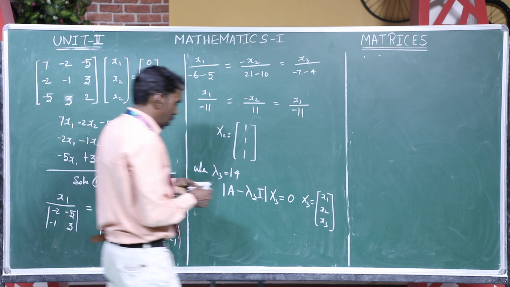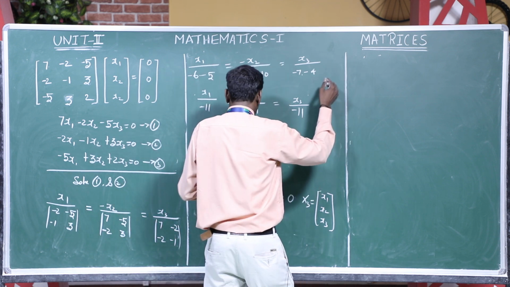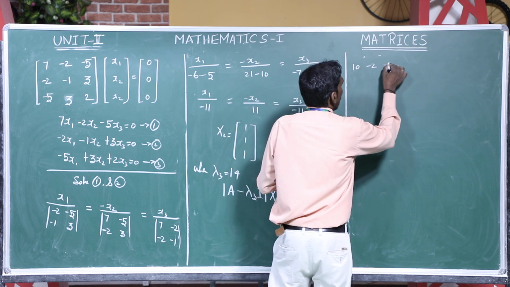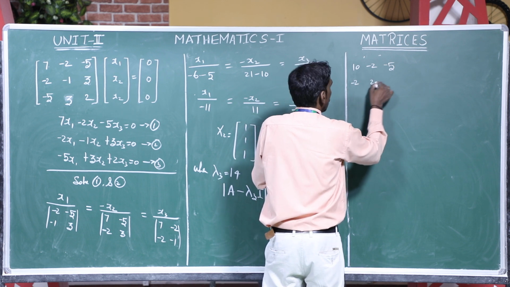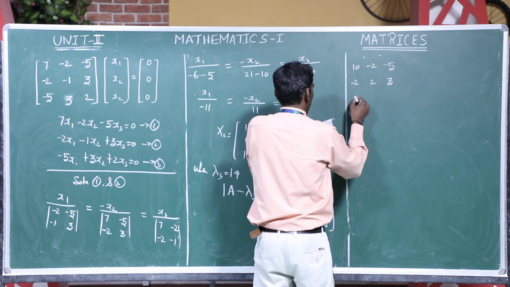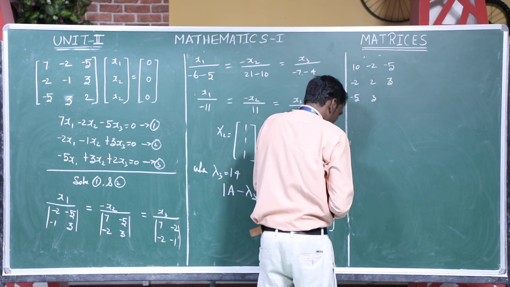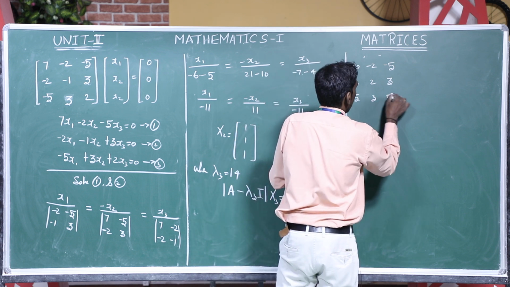So what is our A? Our A matrix will be given. Here A will be 10, minus 2, minus 5, then minus 2, 2, 3, then minus 5, 3, 5.